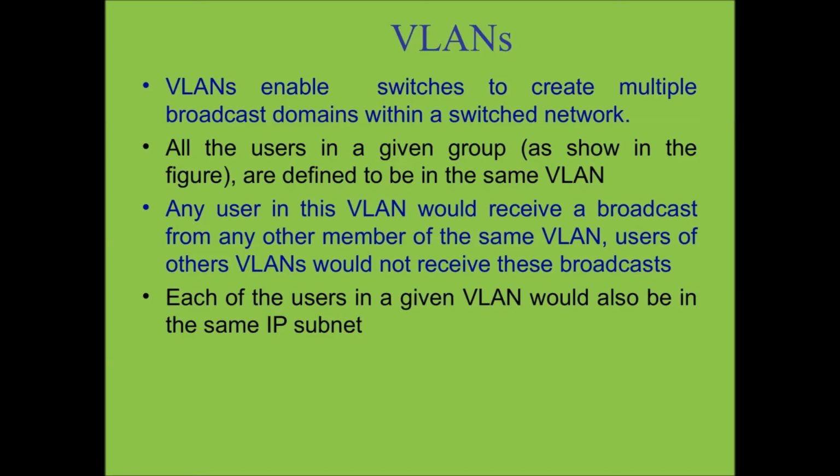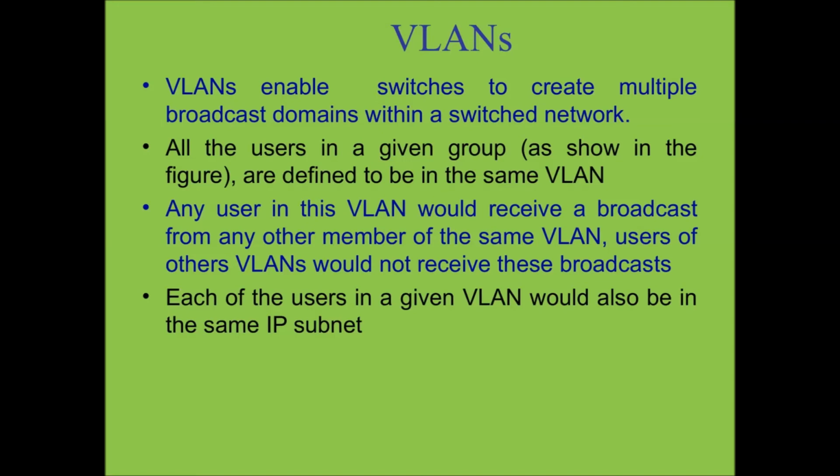Last point, each of the users in a given VLAN would also be in the same IP subnet, as we have discussed in point number 2. If we have used class B IP addressing for subnet 1, then all the users of subnet 1 must be categorized in class B addressing scheme.